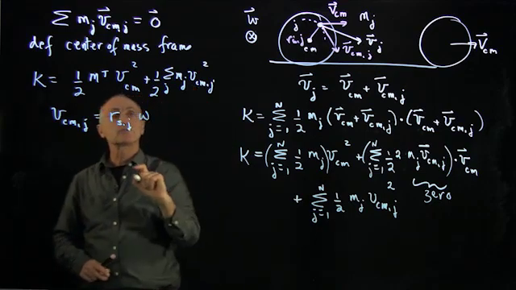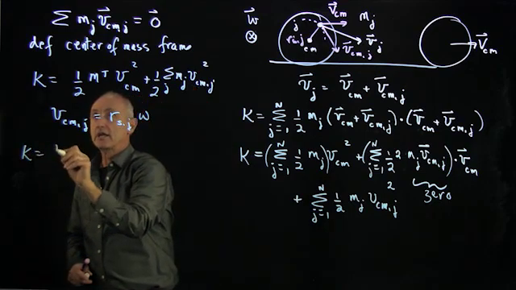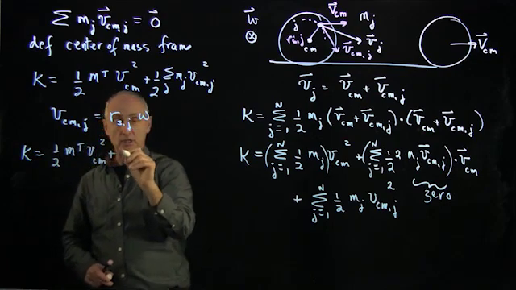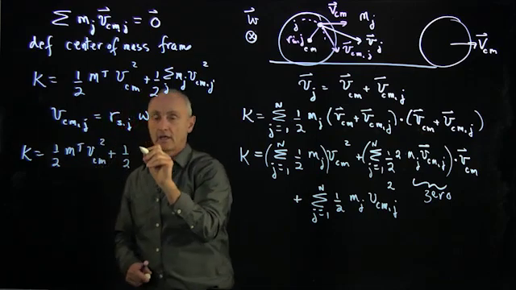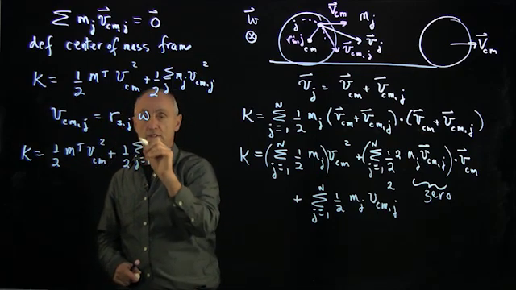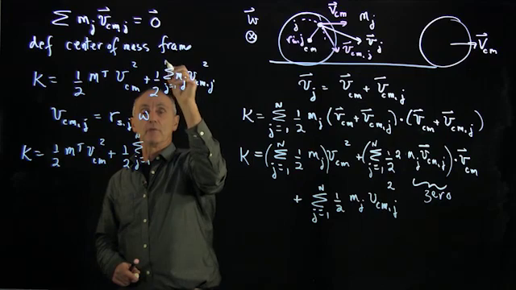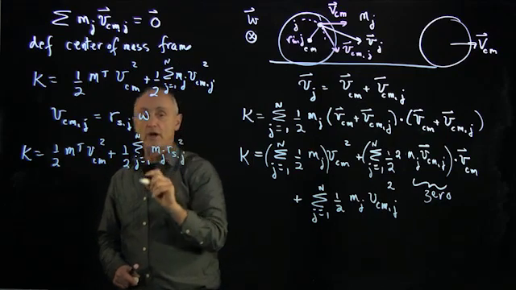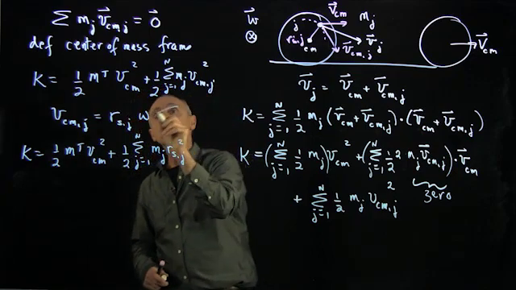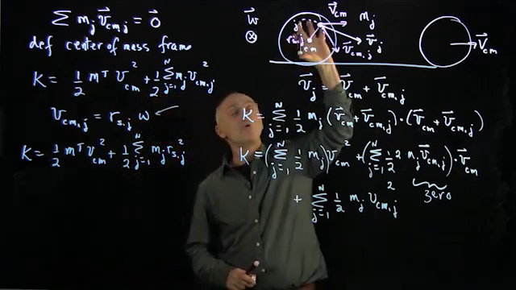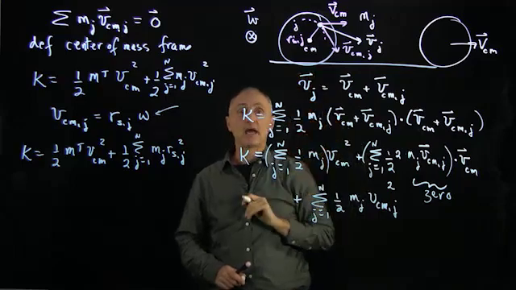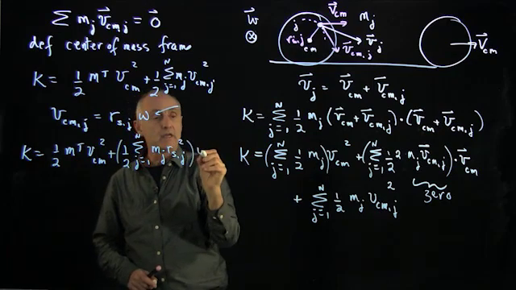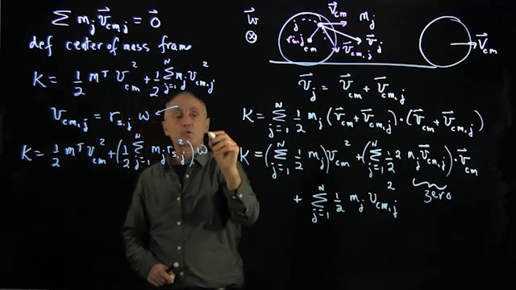And when we put that into this term, we see our kinetic energy has two pieces: 1/2 m total, v center of mass squared, plus 1/2 the sum j goes from 1 to n of mj r sj squared. I didn't finish that sum there. Now, just remember that every single point in the object has the same angular speed, and so we can pull out the omega squared.